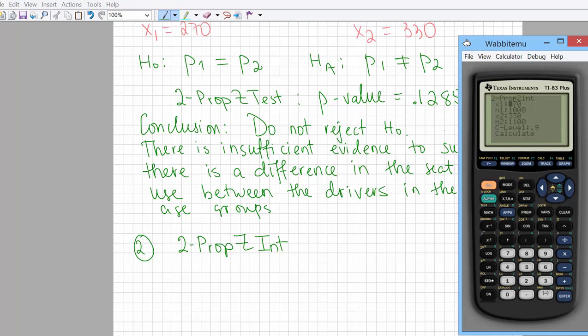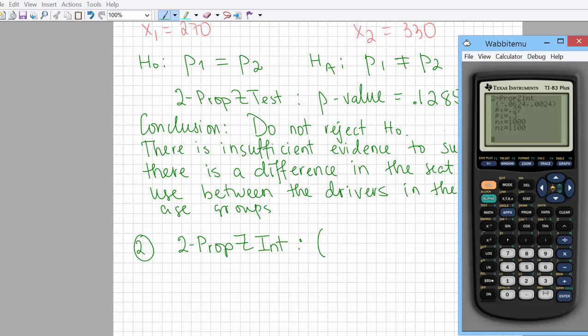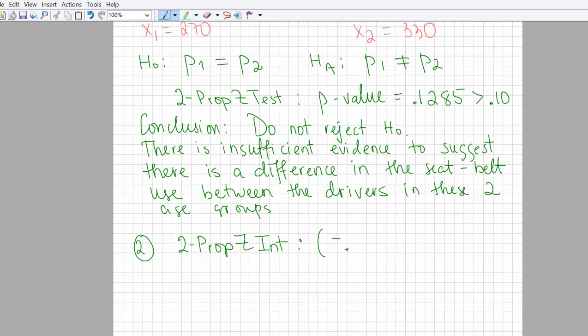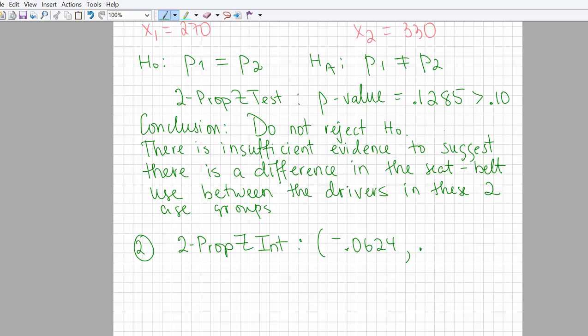The numbers are already in it, right? 0.9. Let's go ahead and compute and look what happened. We got an interval that has both negative and positive numbers, and a 0 is there, right? So this is negative 0.0624, positive 0.0024.